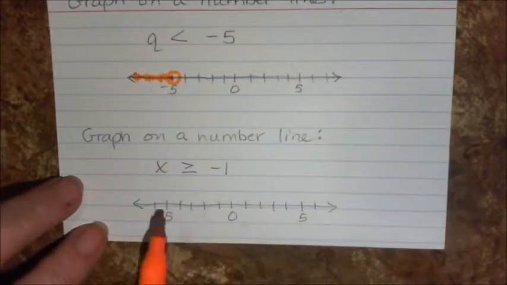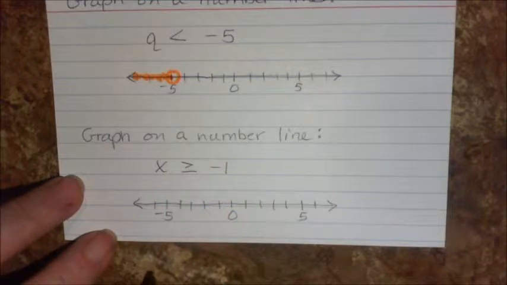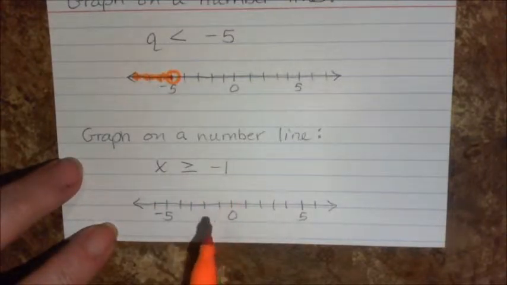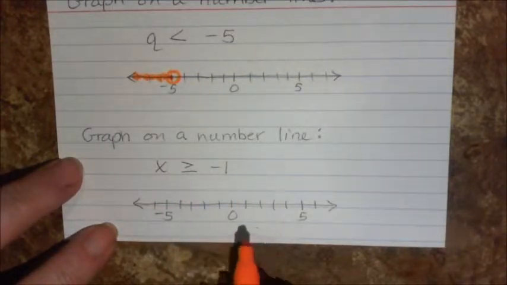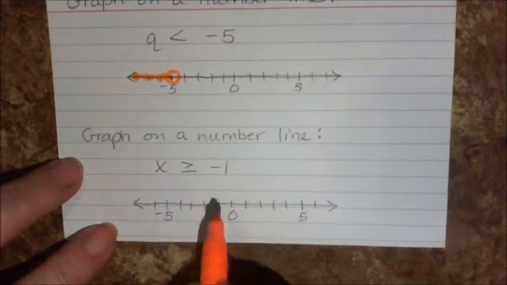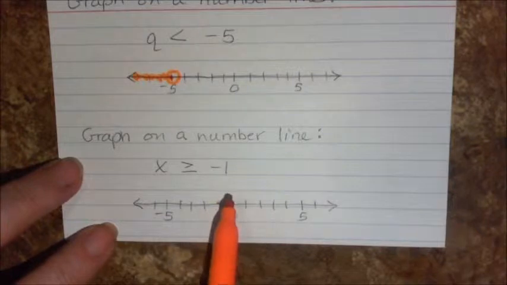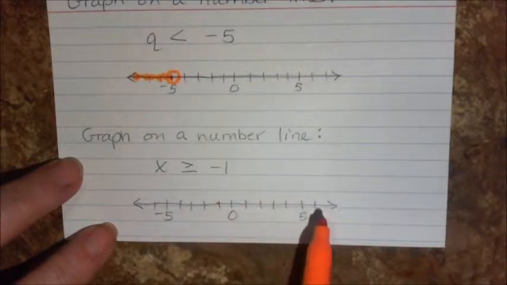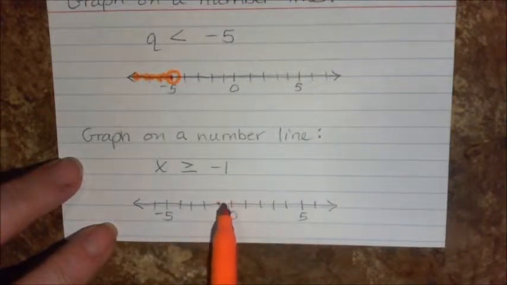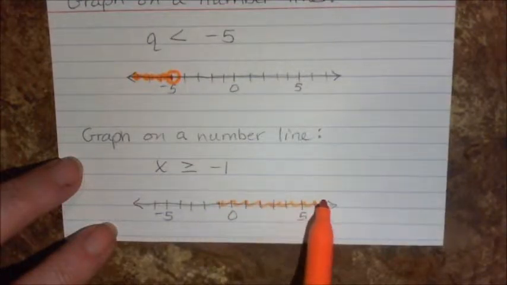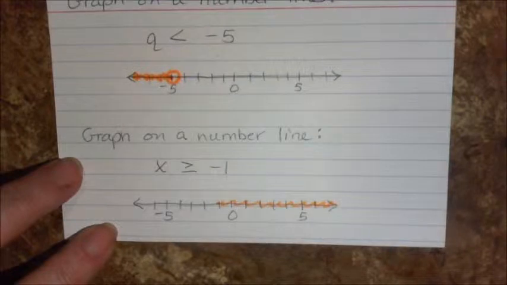Okay, let's look at this next one. x is greater than or equal to -1. So first we find our marker number, -1. So here's 0, so this would be -1. Greater than means to the right of, and so we would be shading to the right of -1.